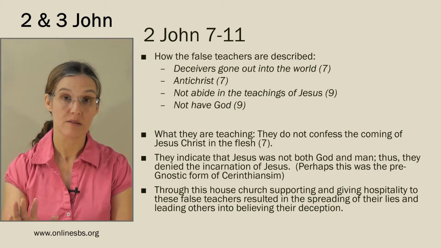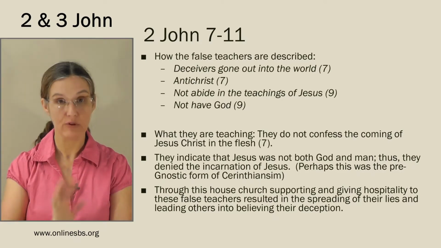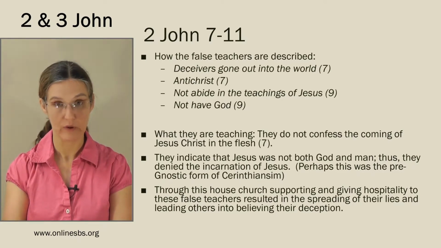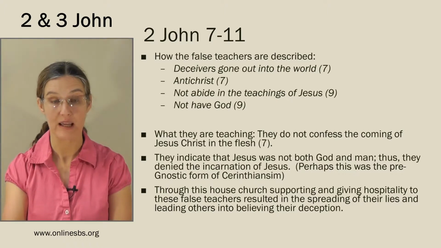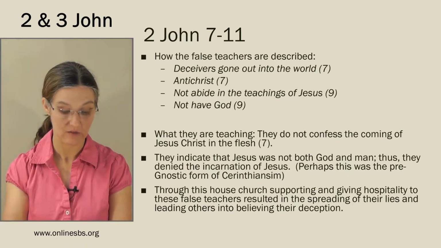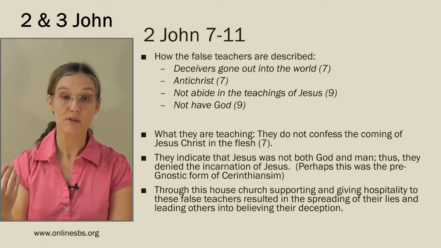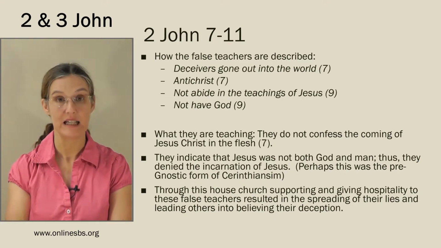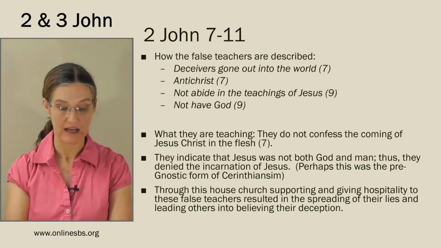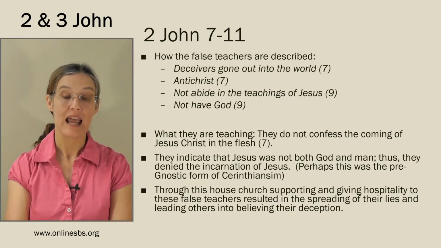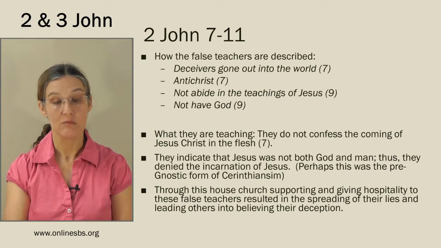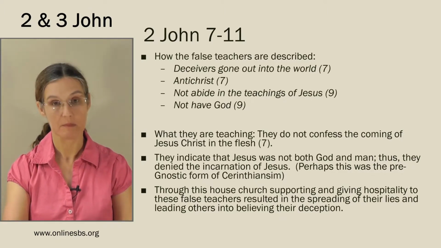So one of John's main points here is that this house church supporting, or this lady and her family, whoever you think the original reader is, by supporting and giving hospitality to these false teachers, resulted in the spread of their lies and other people being brought into this deception.